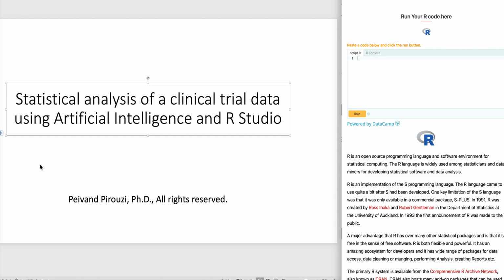So today I just randomly selected one of the artificial intelligence tools online.